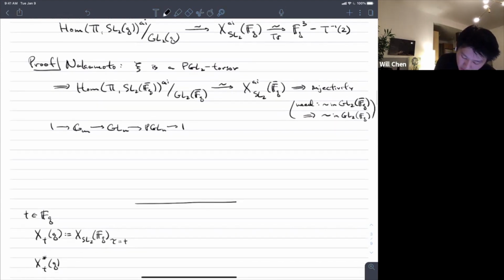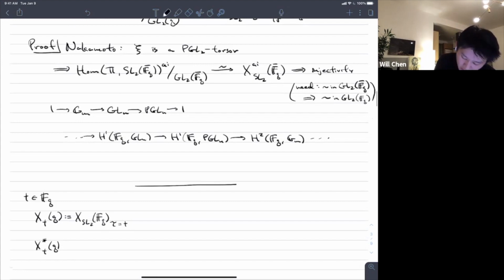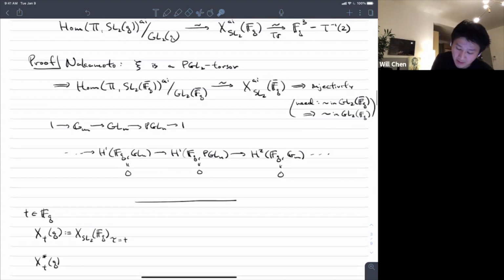If you apply Galois cohomology, you get H^1 of F_q with coefficients in GL_n, to H^1 of F_q with coefficients in PGL_n, to H^2 of F_q with coefficients in G_m. The first is 0 by Hilbert's Theorem 90. The last is 0 because finite fields have cohomological dimension 1, and so the middle is 0. So all PGL_n torsors over finite fields are trivial, and this implies surjectivity.